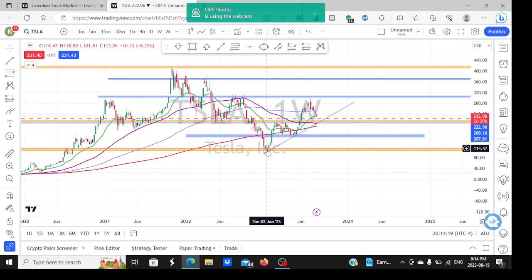So it's possible that Tesla can come back to this region, because it was there January of this year already. Price went up, pulled back, went up, now it's coming down. So we're watching this level, this level, this level. All right.